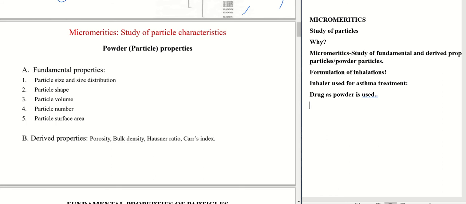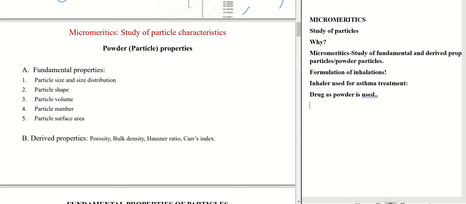There is a chance for the particles to escape into the atmosphere because of their very fine size. Hence it is really important for the size to be determined and maintained in formulations, especially for inhalations. And even in formulations like suspensions and emulsions, the particle size or the globule size plays a major role in improving or sustaining the stability of the formulation.